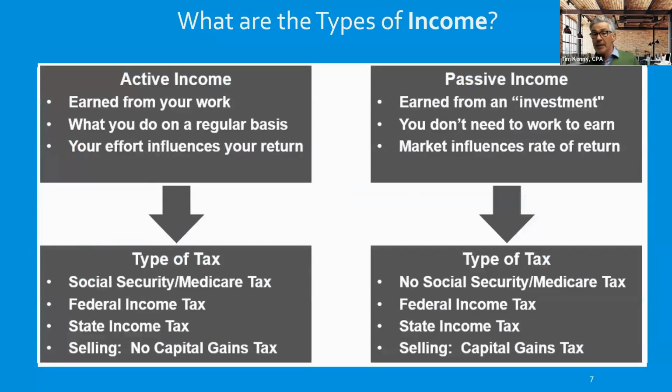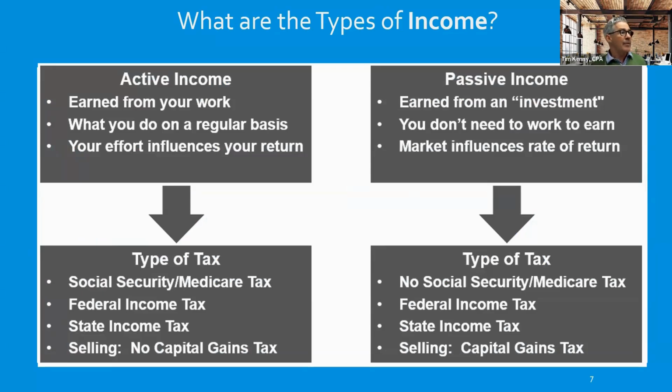Now on to the different types of income. As you'll see later on, these drive the income tax rates and what taxes you're paying. Taking the left column, we start out with active income. This is income that you earn.